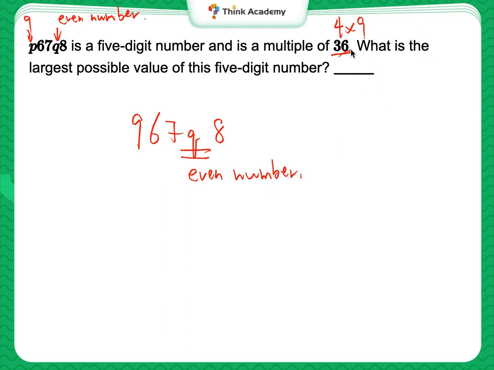Now let's think about the divisibility rule of 9 and where we can apply it. In order for a number to be divisible by 9, all the digits must add up to a multiple of 9. So now we have 6, 7, 8, and 9, which adds up to 30.